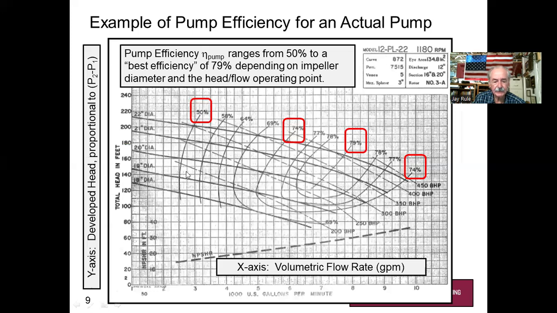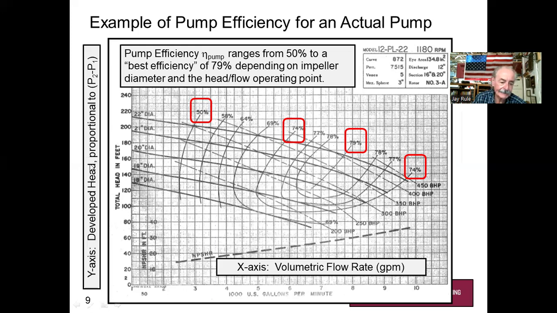Without telling you all the important ins and outs, let's look at these various curves. Do you see these different diameters, 18, 19, 20, 21? That would be the size of the pump impeller that you might order for a specific casing of a pump. Very involved, but the x-axis is volumetric flow rate in gallons per minute.